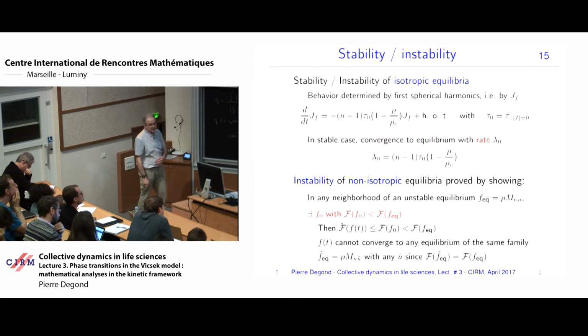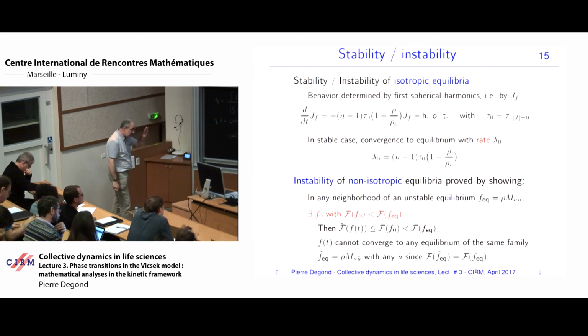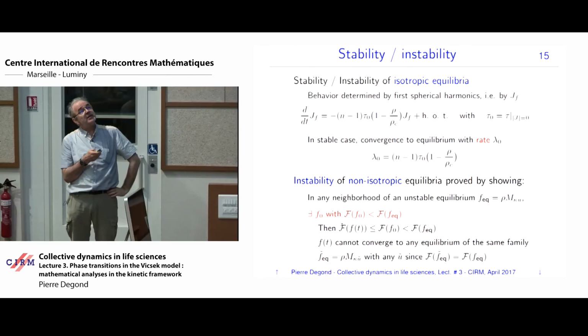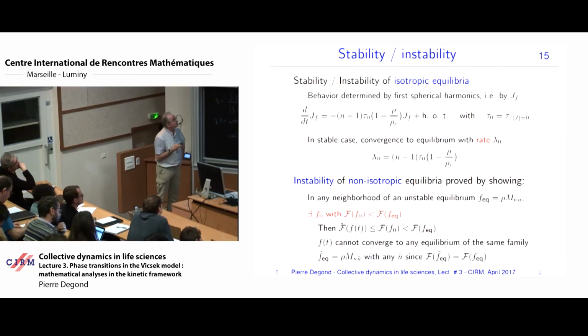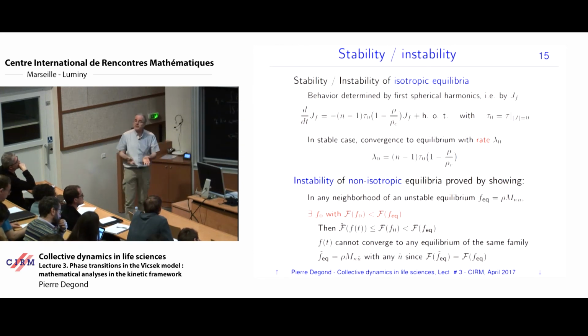And for proving the stability, I'm just flashing in very, very sketchy arguments. Essentially, for isotropic equilibria, you're going to use spherical harmonics, because you get a perturbation of the isotropic solution.